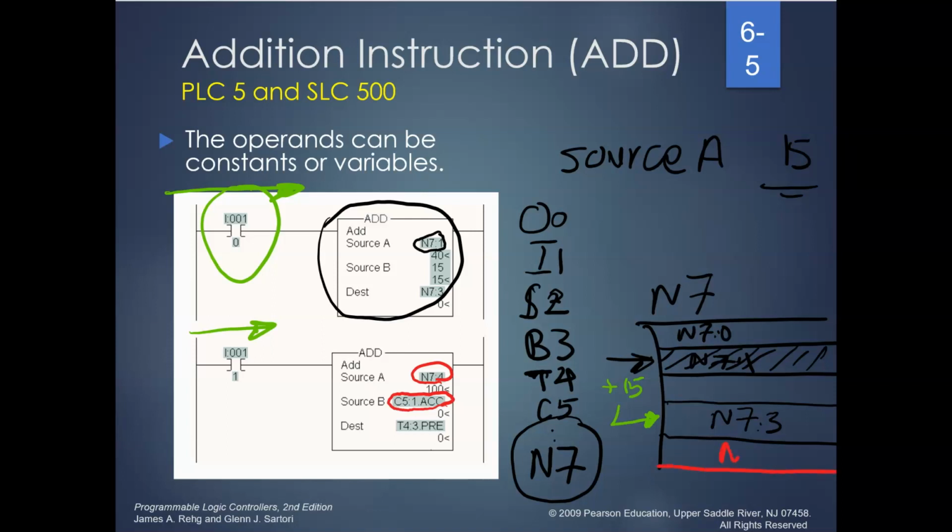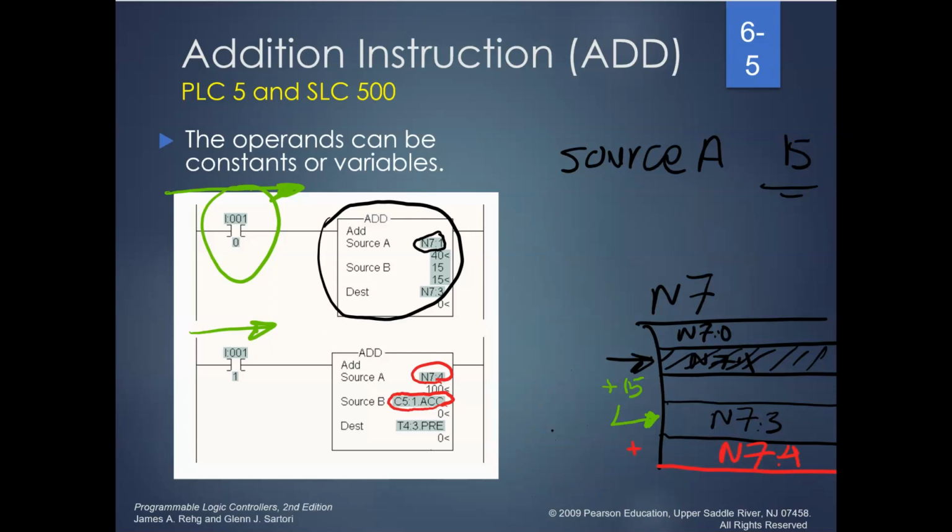So this is our N7:4. So we are adding this accumulator value, C5:1.ACC, to N7:4.